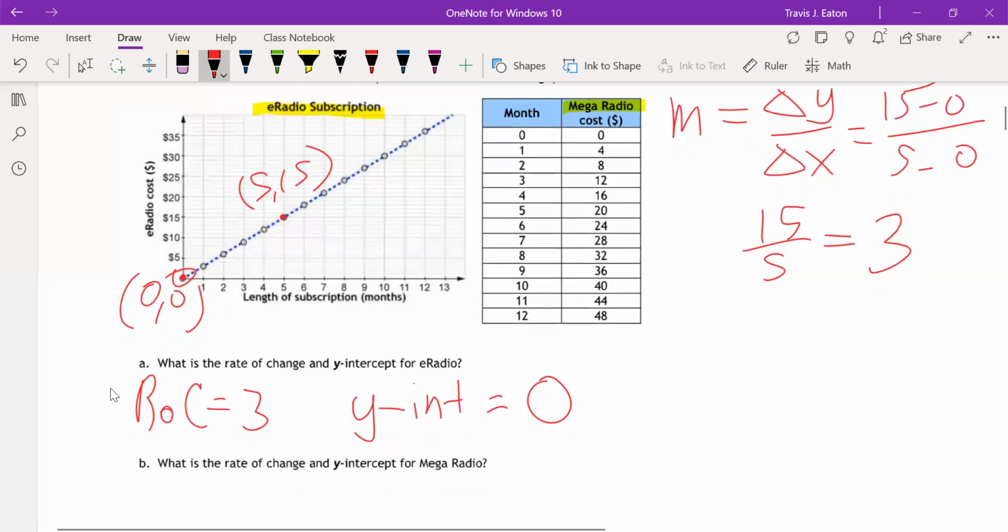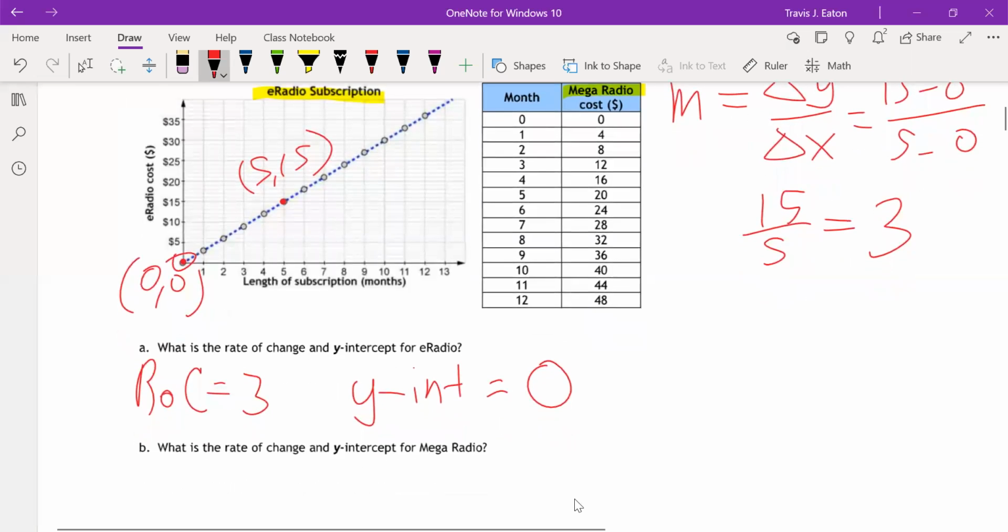Now let's take a look at the next part. We're talking about mega radio. We want the rate of change and the y-intercept of mega radio. Remember, we're still looking at the change in y over the change in x. So what is the change in y of mega radio? Now we go from 0 to 4, 4 to 8, 8 to 12, 12 to 16.